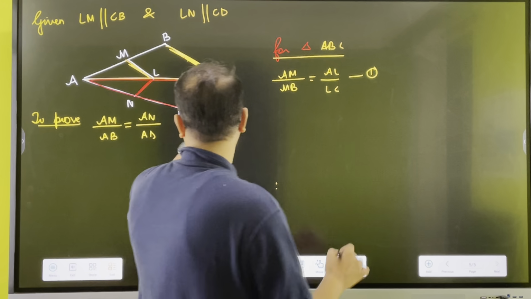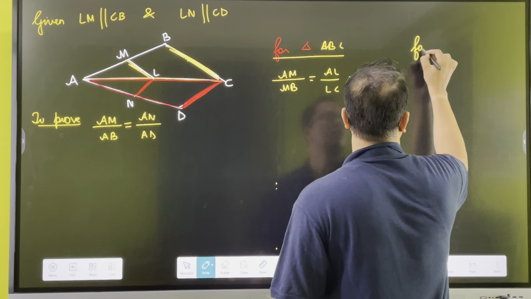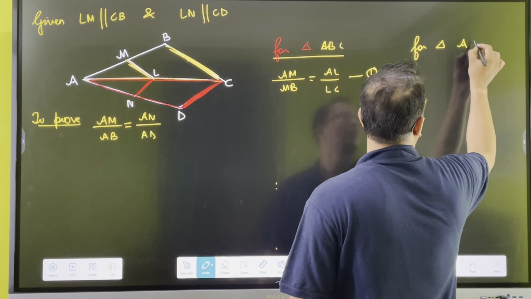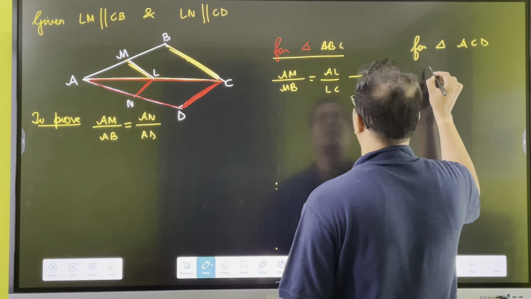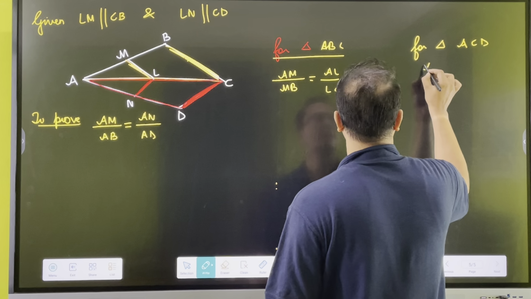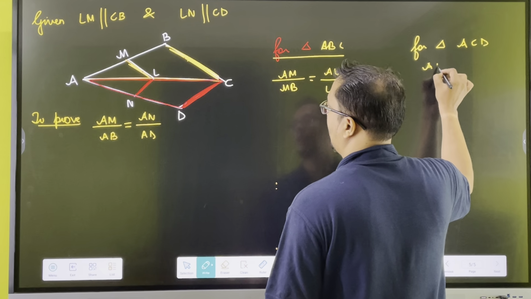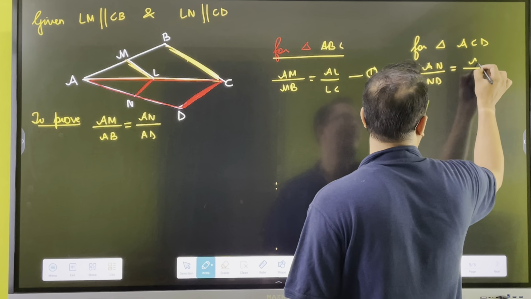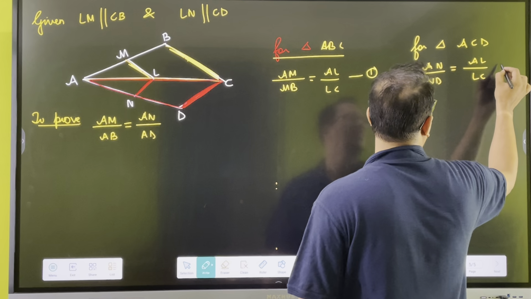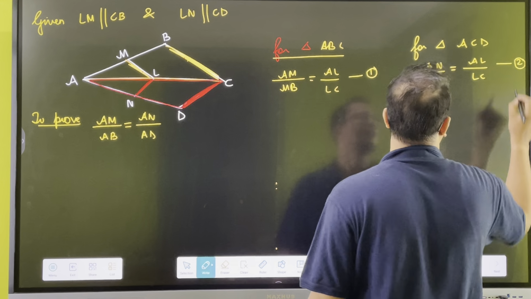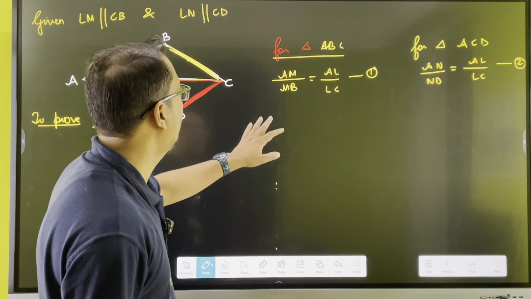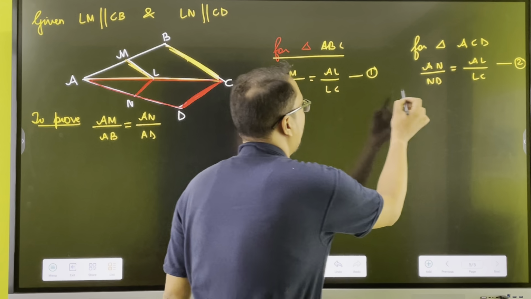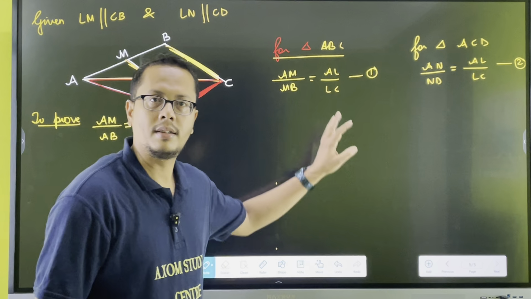Now for triangle ACD, what can we write? We can write AN by ND equals to AL by LC. Now, if we compare equation 1 and equation 2, AL by LC is common to both the equations.